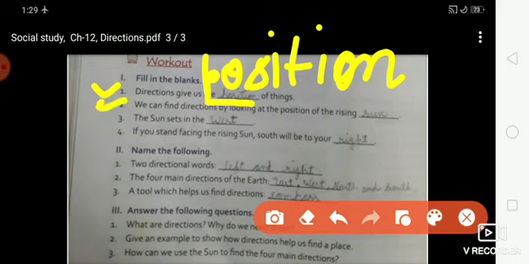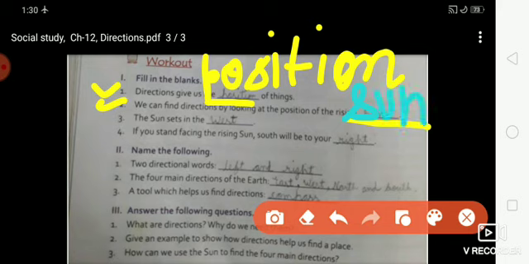Now second one: we can find directions by looking at the position of the rising dash. We can find directions by looking at the position of the rising sun.